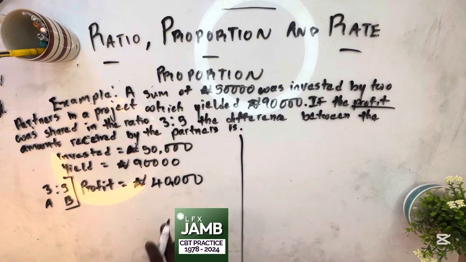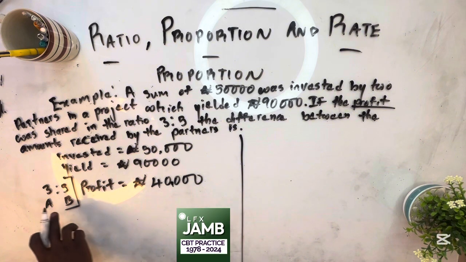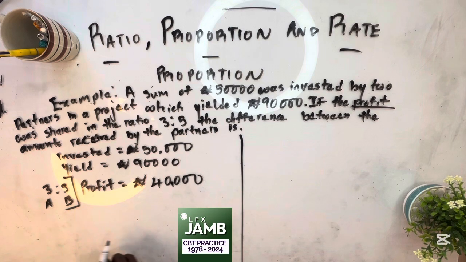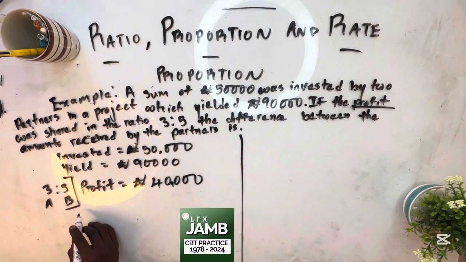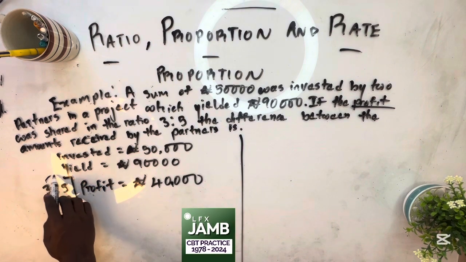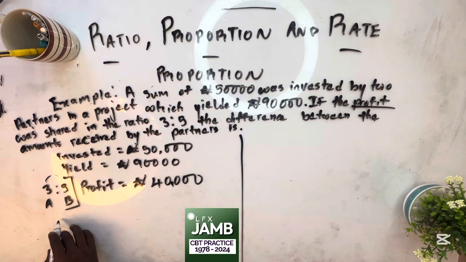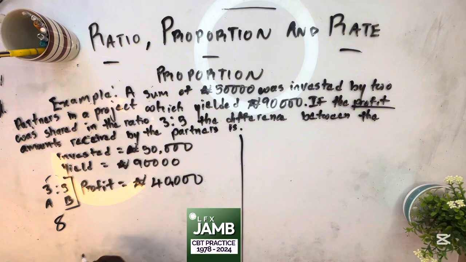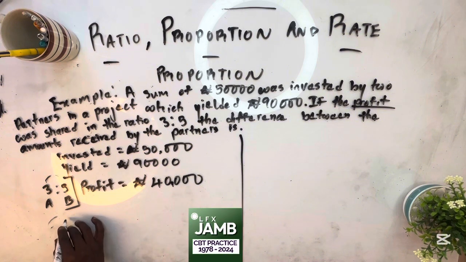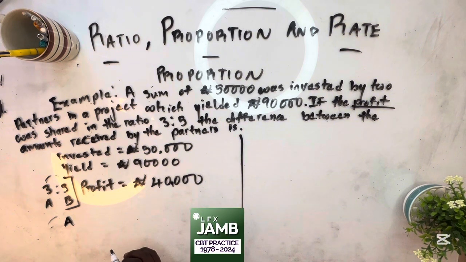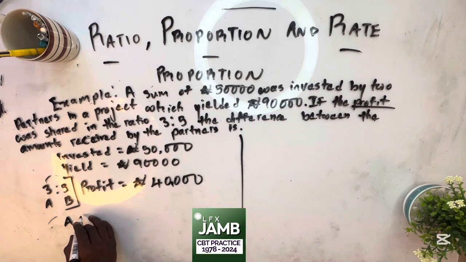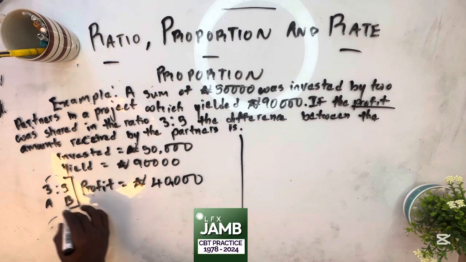So to share 40,000 among the 2 investors A and B, we use this procedure. Firstly, we need to know the total number of shares. If A had 3 and B had 5, the total number of shares is 8. So for A, investor A, what was the share?